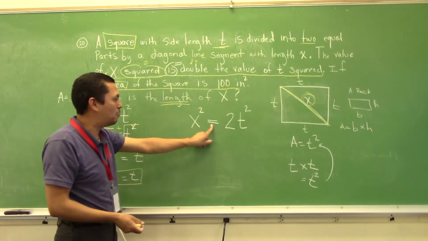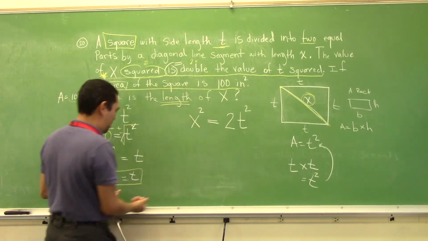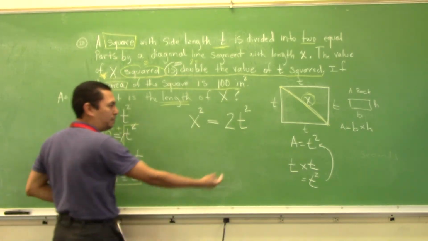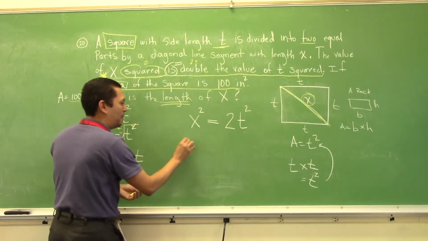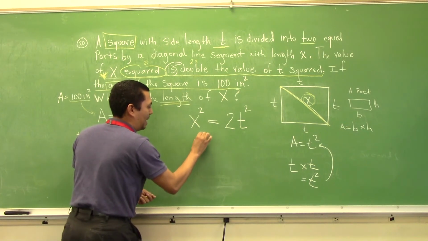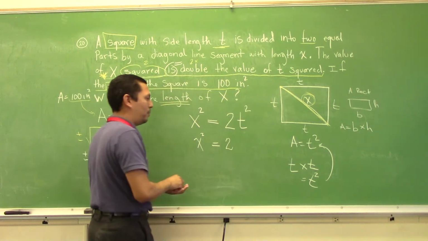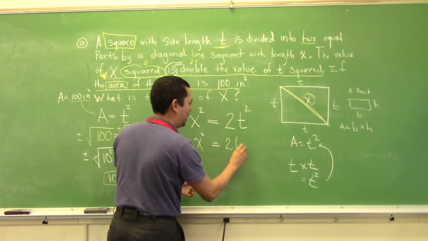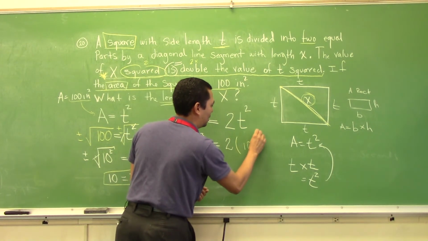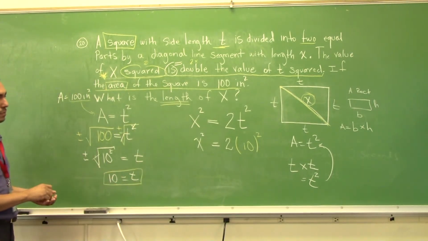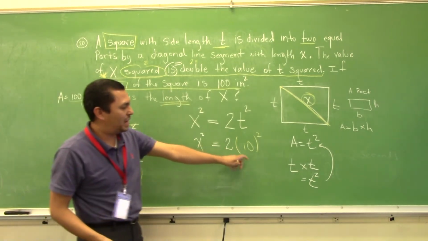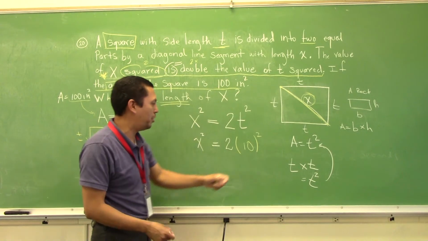It's an equation, it's an equal sign. I know t from here, so I can make a substitution. So I can have x squared is equal to 2 times 10 squared. 10 squared is 10 times 10, equal to 100.